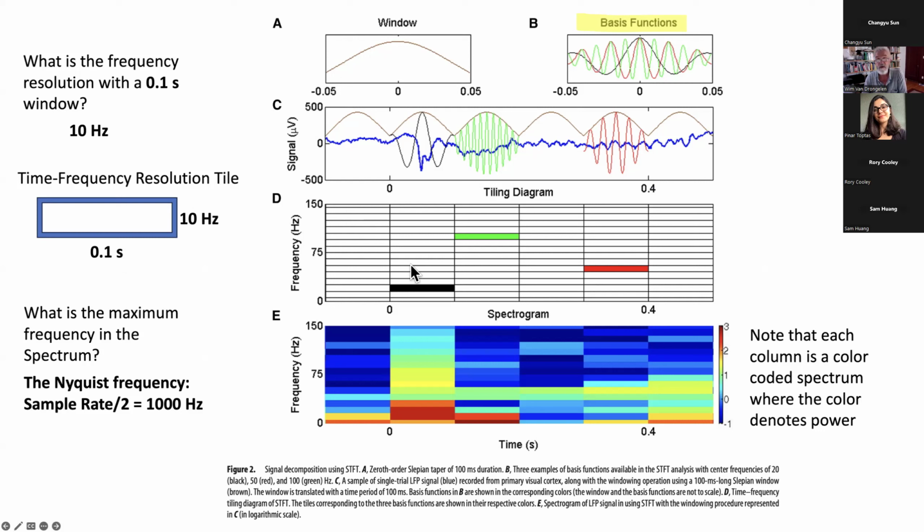So you have the tiles per short-term Fourier transform. For instance, this black one would fit this tile. The green and the red one would fit in that tile. The red color in this case just indicates the waveform, not the intensity.